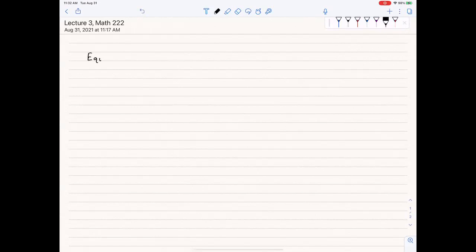So let me talk about equations in Rn. This is a notation for n-dimensional space, and primarily for us, n is going to be 2 or 3, maybe 4.